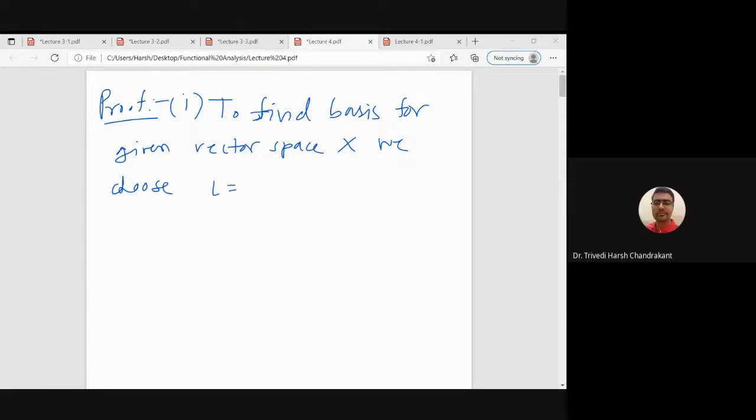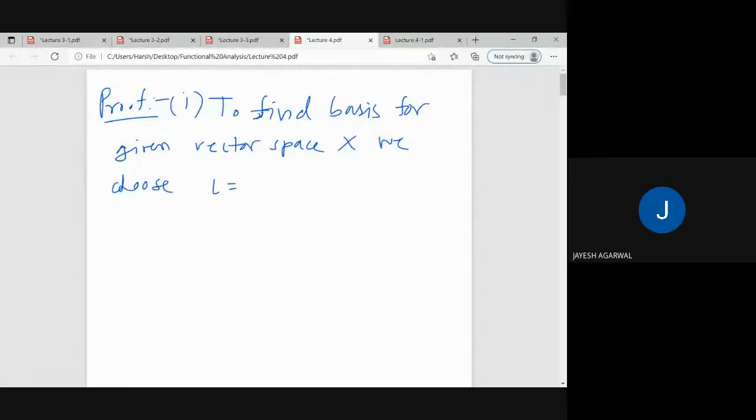So can we say that every non-zero vector? The smallest linearly independent set you are asking, right? Yes, smallest. So if you take just a singleton set, 1 0 0.